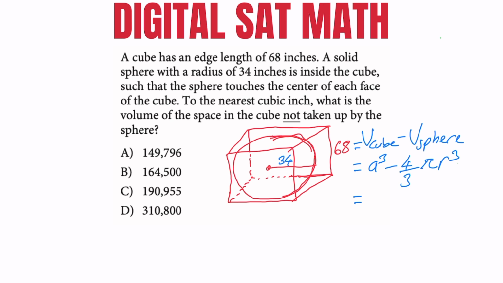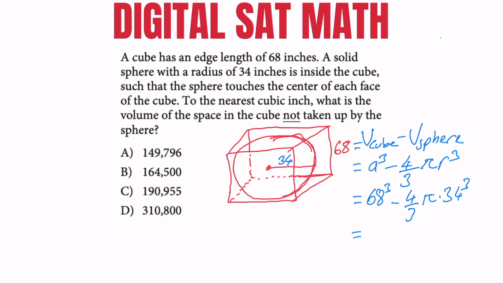So technically, we're looking for a cubed, which is 68 cubed, minus 4/3 times pi times 34 cubed. So you're allowed to use your calculator, as I said, in the exam.